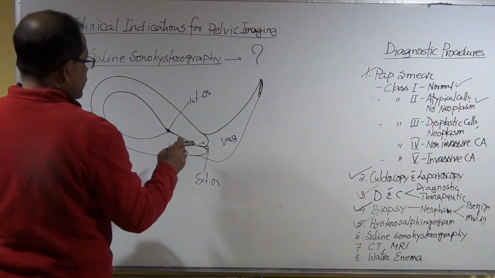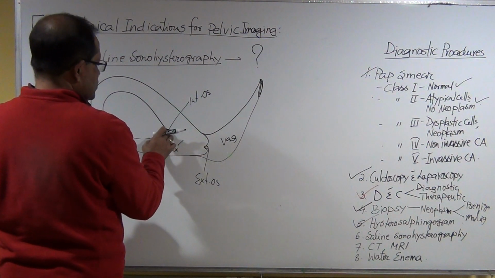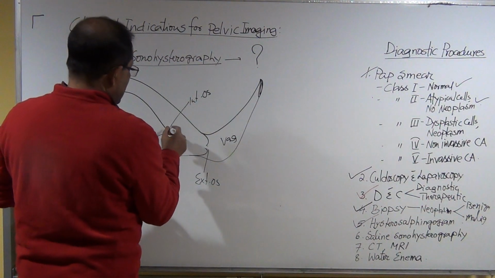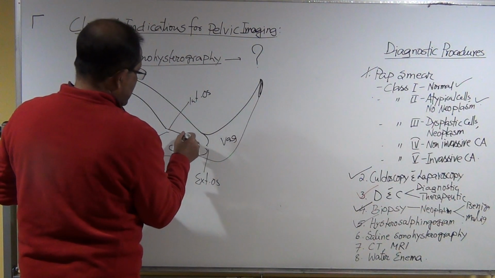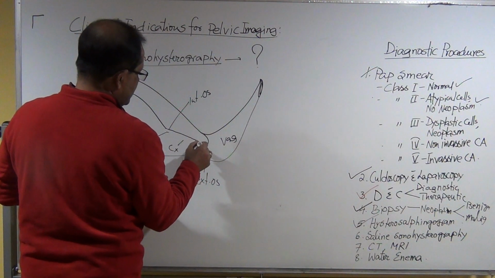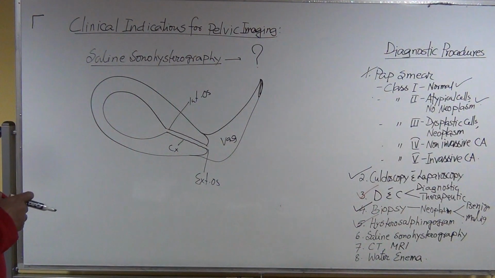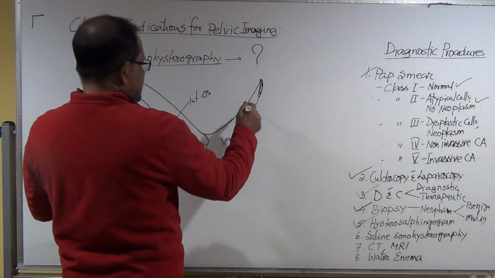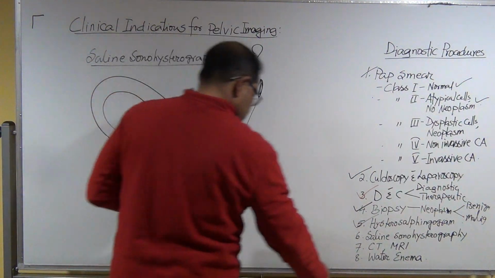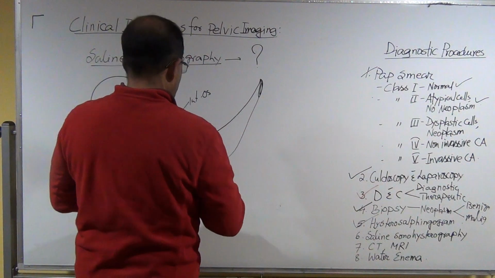That's why they will insert the tubes through the os and the cervical canal, in order to make it wider. Then with the tube they will insert the water, saline water.